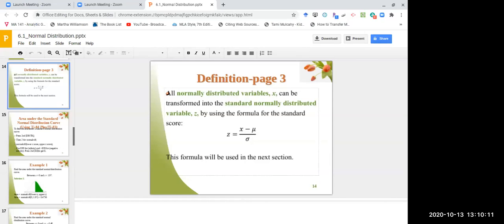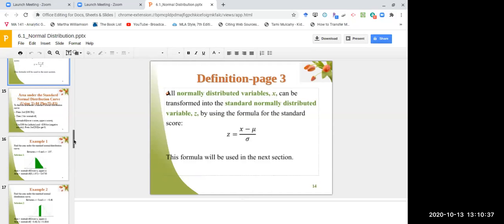If you have z equals 1.25, that's a standard score, okay? You'll be taking what we call raw scores and transferring them to standard normal scores. This will make a little more sense to you after section 6.2, but we're going to introduce how to find them in this section here.